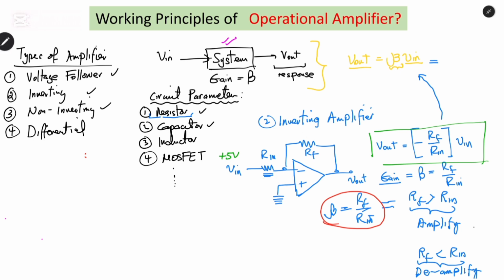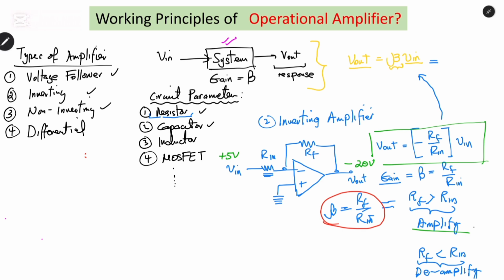And what will happen if you are given a requirement that you want a greater voltage? For example, we have the output which is minus 20 volts. So you need 20 volts to control a component. As a designer, you are now going to design the gain. By looking at this in terms of amplification, we know that we will choose the value of the feedback resistor to be greater than the input resistor.